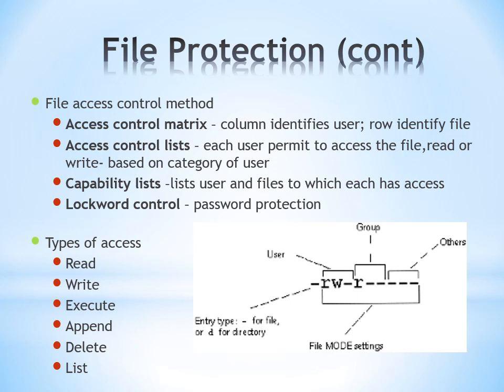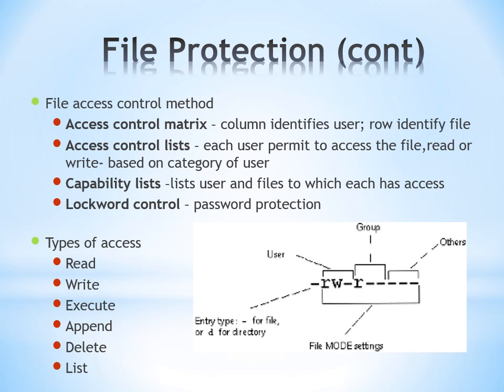In order to protect your file, we have three or four methods to control access to the file. One of the methods is the access control matrix. In the access control matrix, normally we provide columns as identifiers to identify users and rows as the identity of the file, and what kind of access or permissions we grant to each particular user and file.